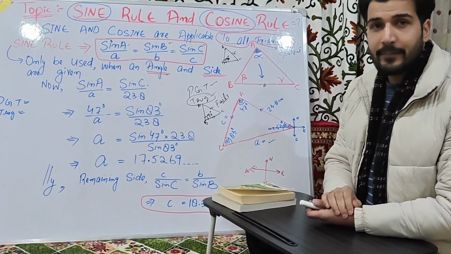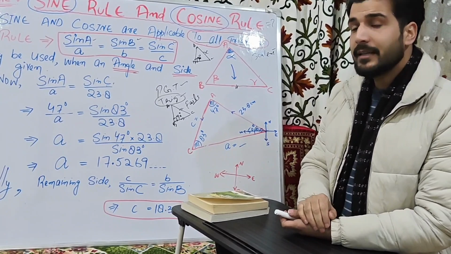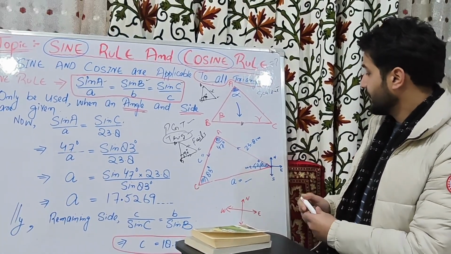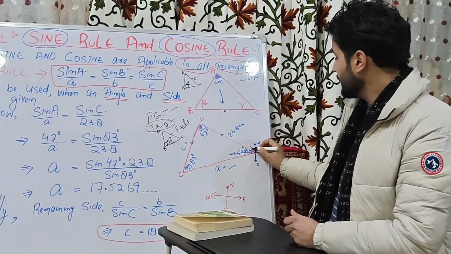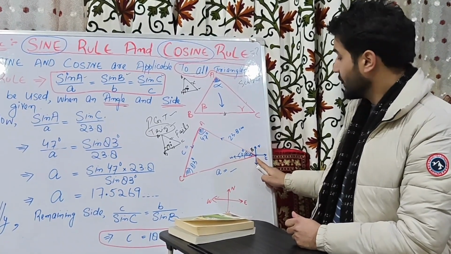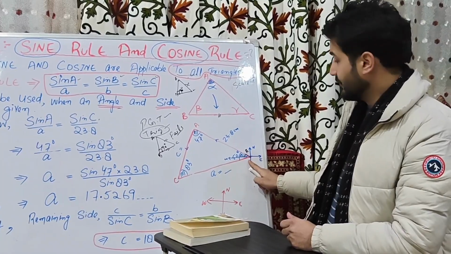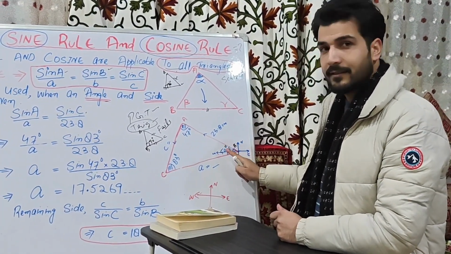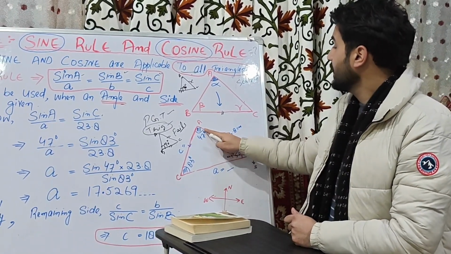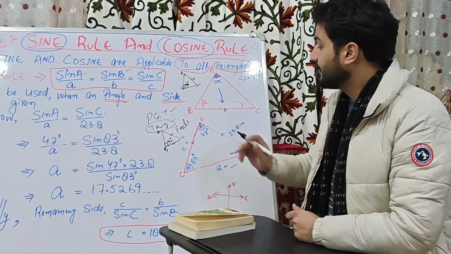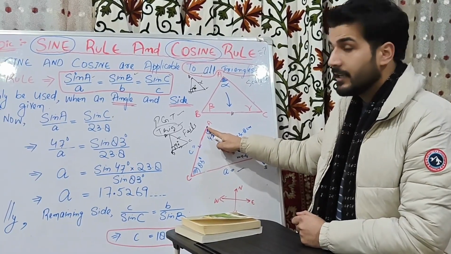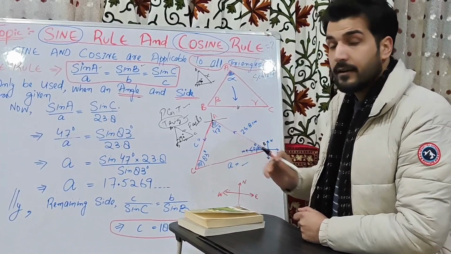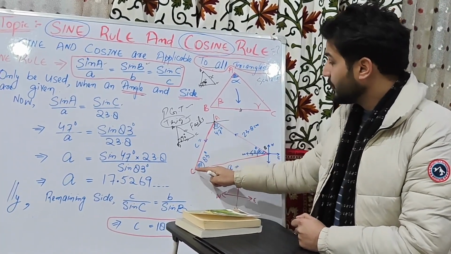Let us suppose that there is a person at point B. He travels a distance in the northwest direction, and he reaches point A. And from this point A, he again travels the distance from point A to point C.